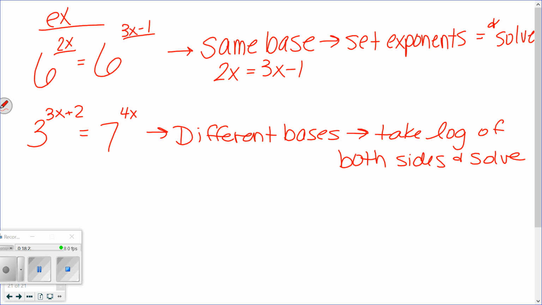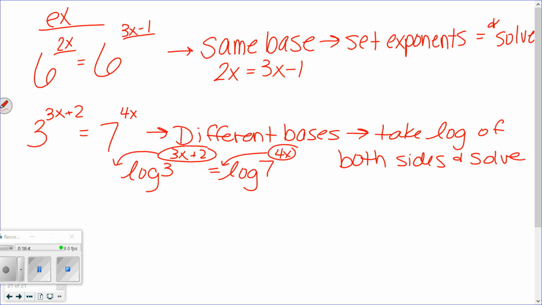So you'd have log of 3 to the 3x plus 2 equals log of 7 to the 4x. Don't try to solve these. I'm making these up on the fly, so I don't know what they're going to turn out like. Because then this would make you move your exponents out in front, and then you could go through your solving process from there.